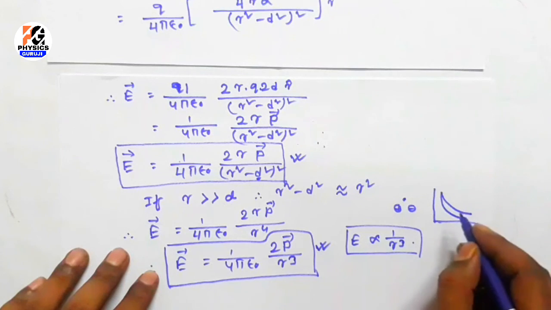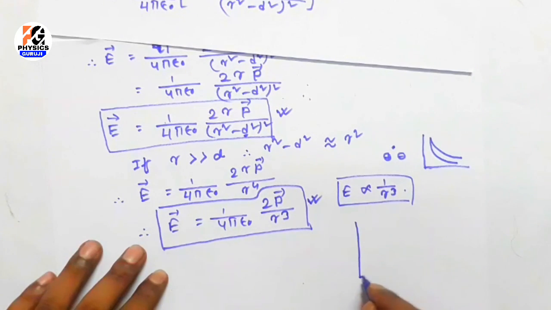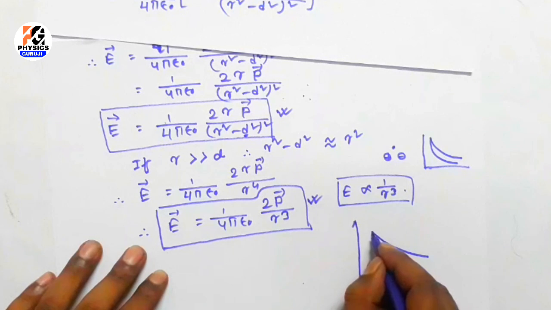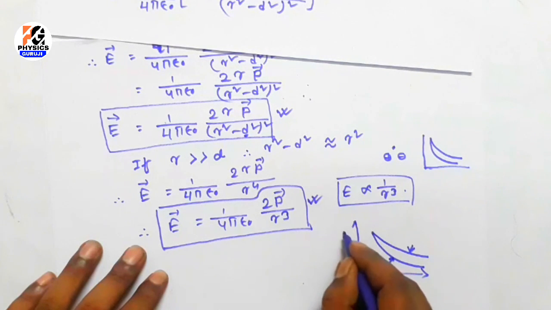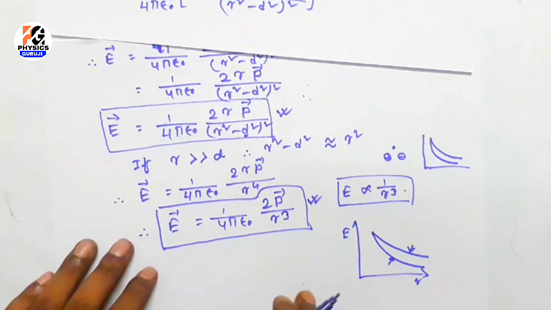So if two electric field graphs are given and it is stated that one is for a single charge and the other is for a dipole, then this figure will be for a single charge and this figure will be for a dipole. So this is the electric field due to a dipole.